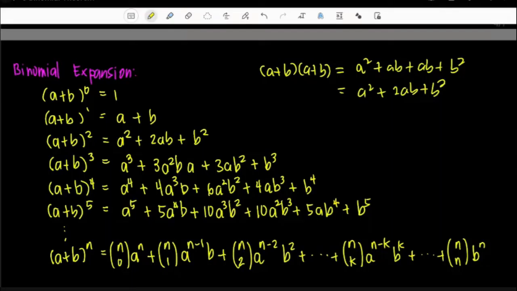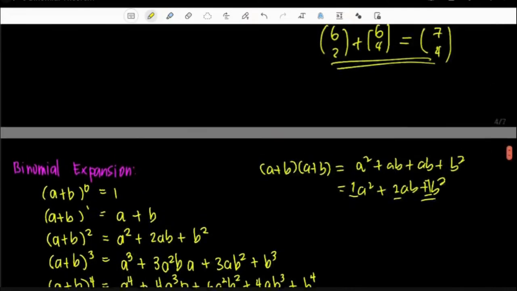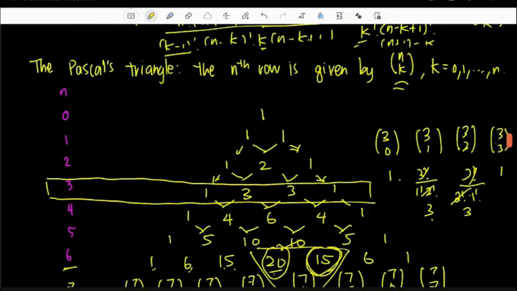But upon expansion, we will see that the coefficients 1, 2, and 1 actually appear on the row n equals 2 of the Pascal triangle. That's actually 1, 2, 1.